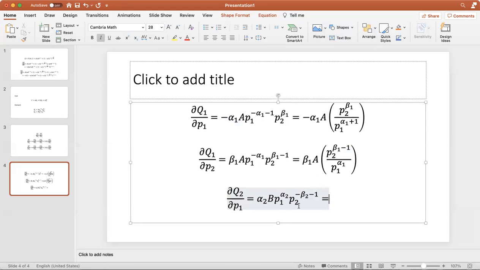Or it's similar to this equation, right? Sort of similar to the first functional form. So you have alpha 2 B, right?